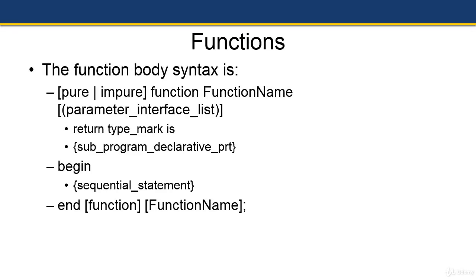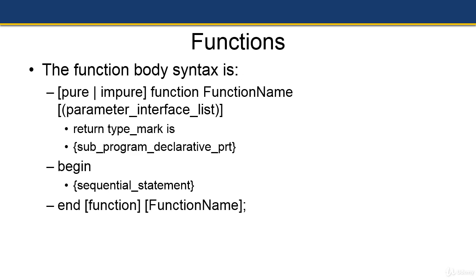Here's the syntax for a function. Pure or impure, followed by the keyword function, followed by the function name, then an optional parameter interface list, and a function actually returns something to the caller.